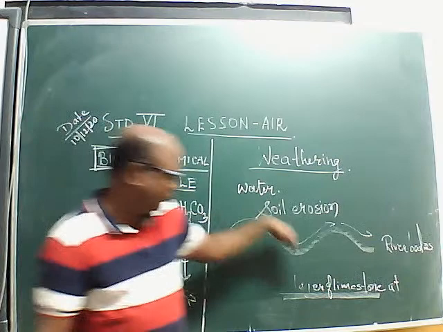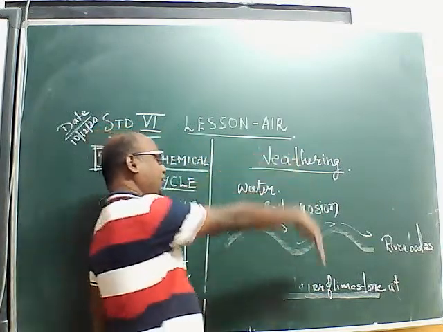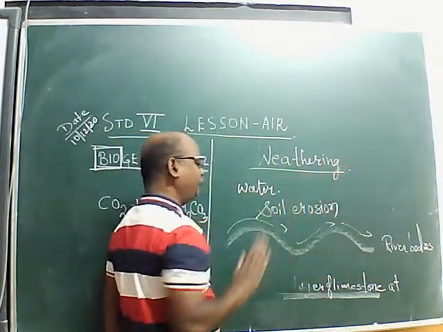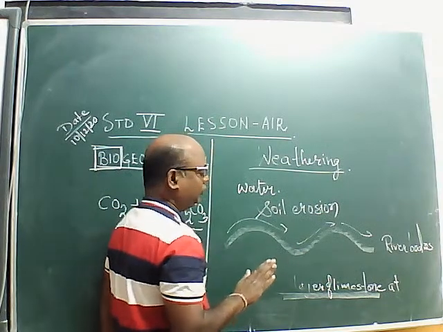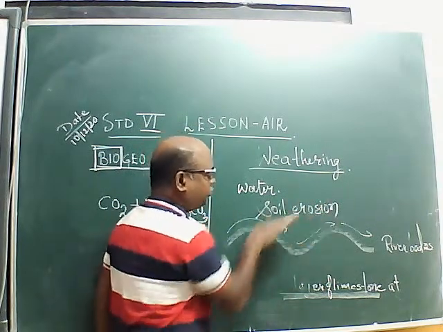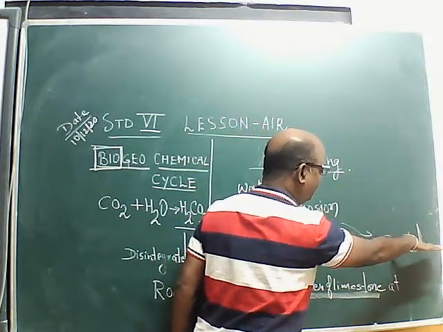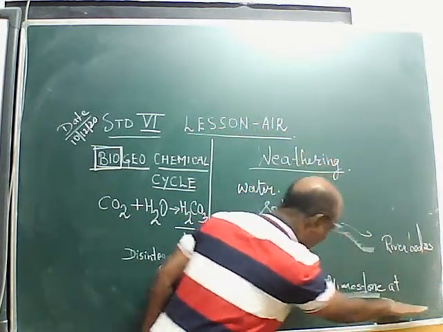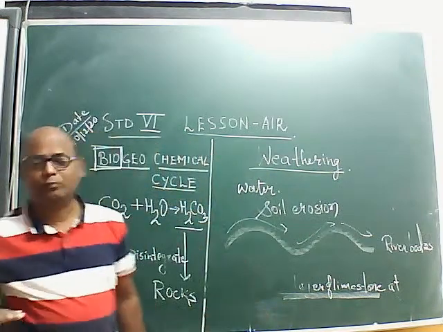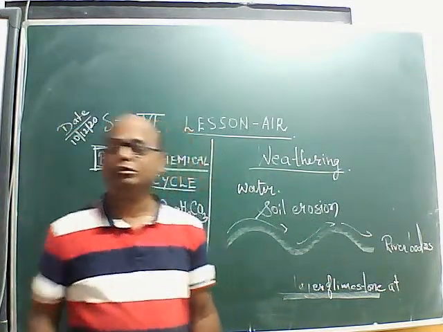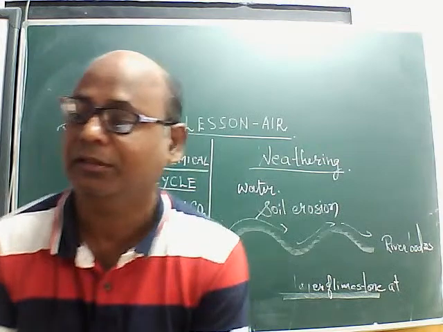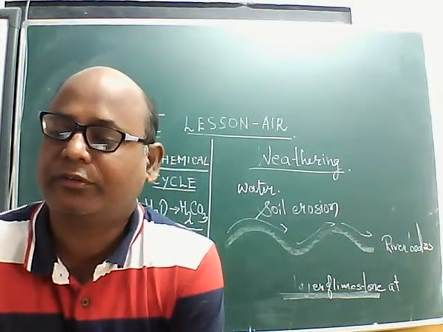These carbonates will go along with the soil with the flow of wind and water by the process known as soil erosion, and after going there will mix up with the water of the river bodies, settle at the bottom and form a layer of limestone at the bottom of the river bodies.